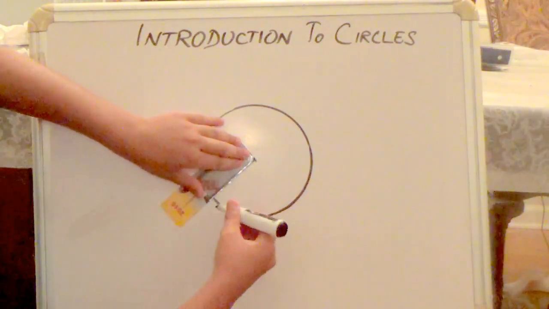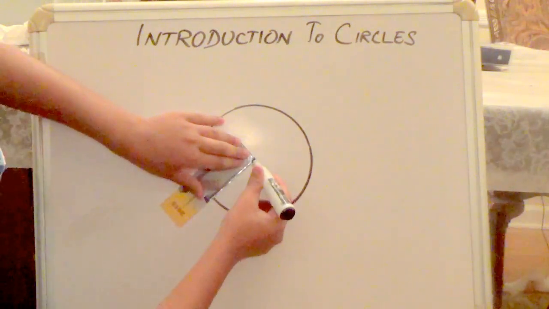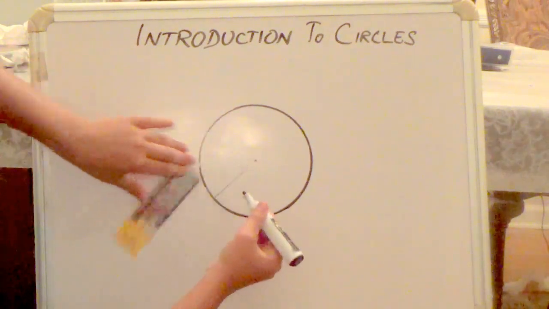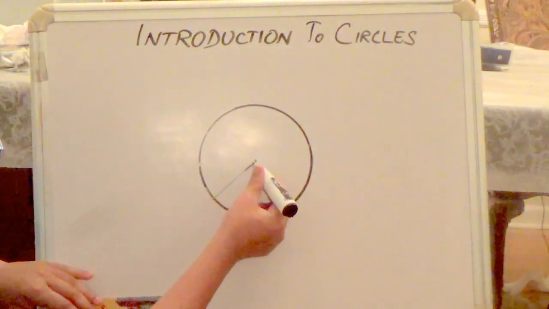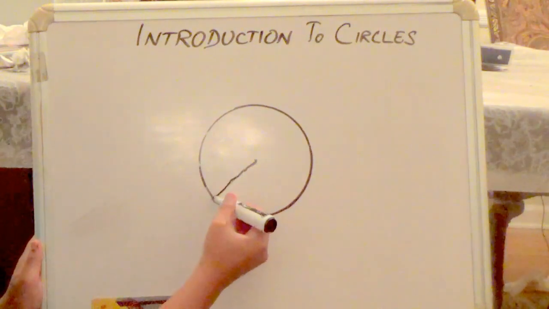Or no, a circle doesn't have edges, just the end of a circle, from the middle to the end of a circle. Okay. So that's a radius.